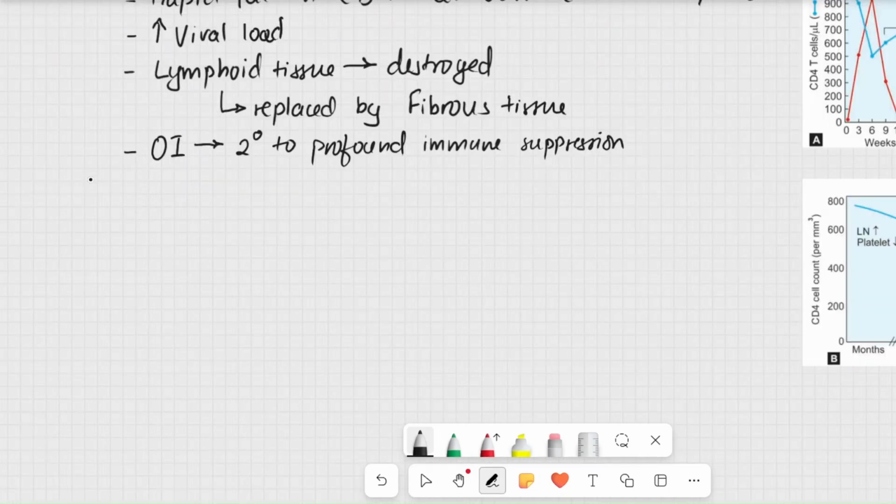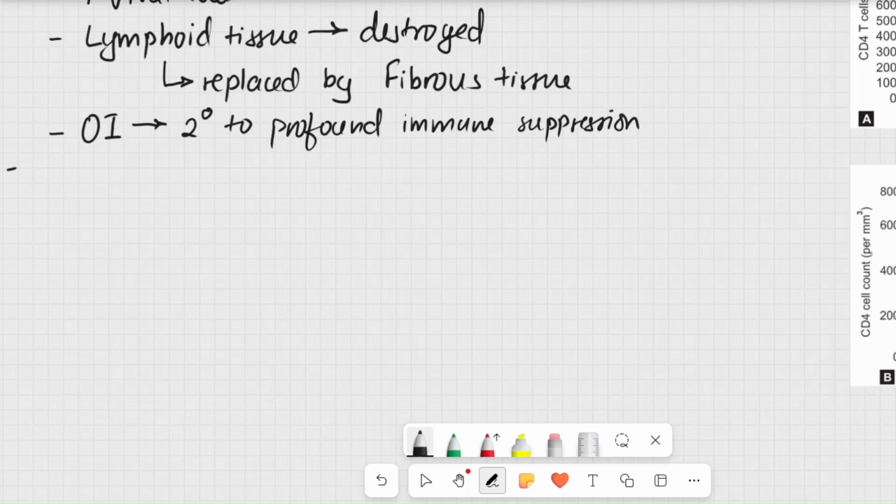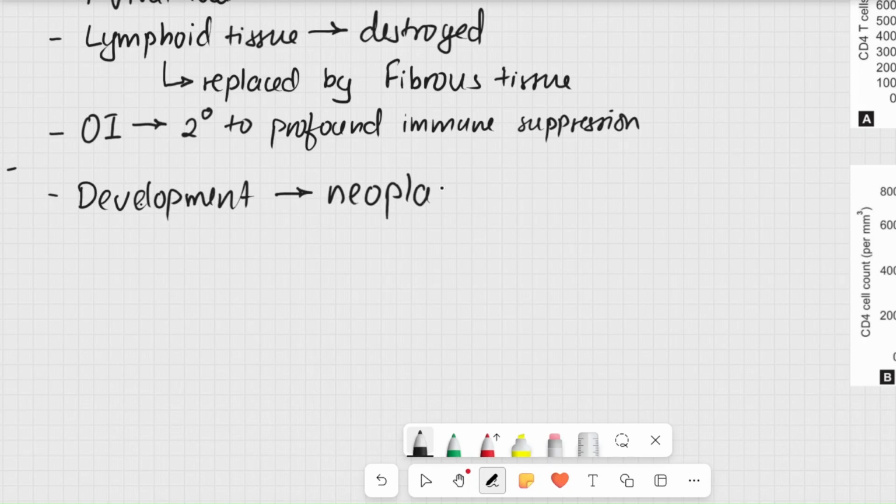Next thing, guys, the patient is going to develop neoplastic conditions, or you can say neoplasia.